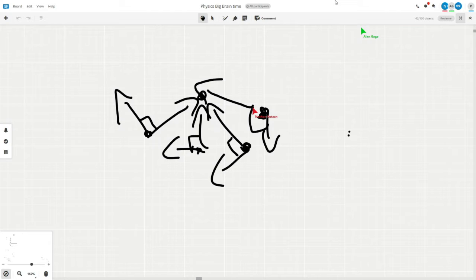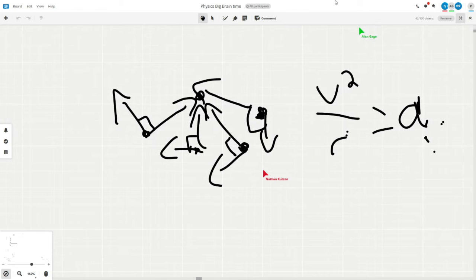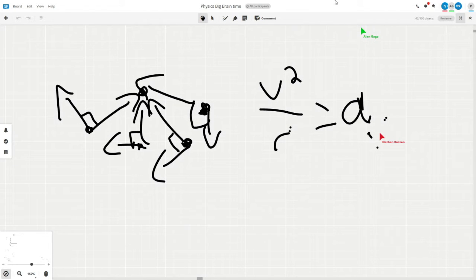So because of that, we can use a simple equation to figure out the linear acceleration at any point, and that is simply v squared over r, which is equal to the linear centripetal acceleration, or the acceleration towards the center. And that is on the AP formula sheet. It's like the 4th or 5th or sixth one, I think.